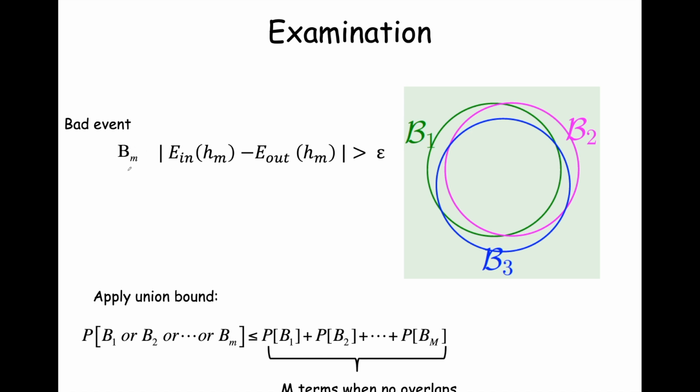Now, of course, when we apply the union bound, we're looking at the probability that we get the first bad event for h1, the second bad event for h2, and so forth, up to and including the mth bad event, B_m. And we said that in the worst case, the upper bound of Hoeffding's inequality, the union bound version, made the simplifying assumption that these bad events do not overlap.